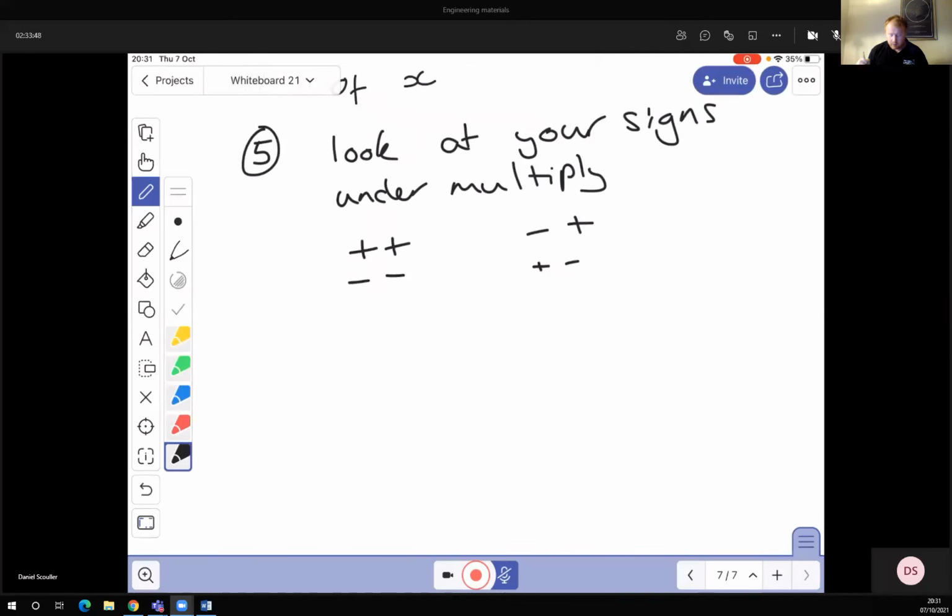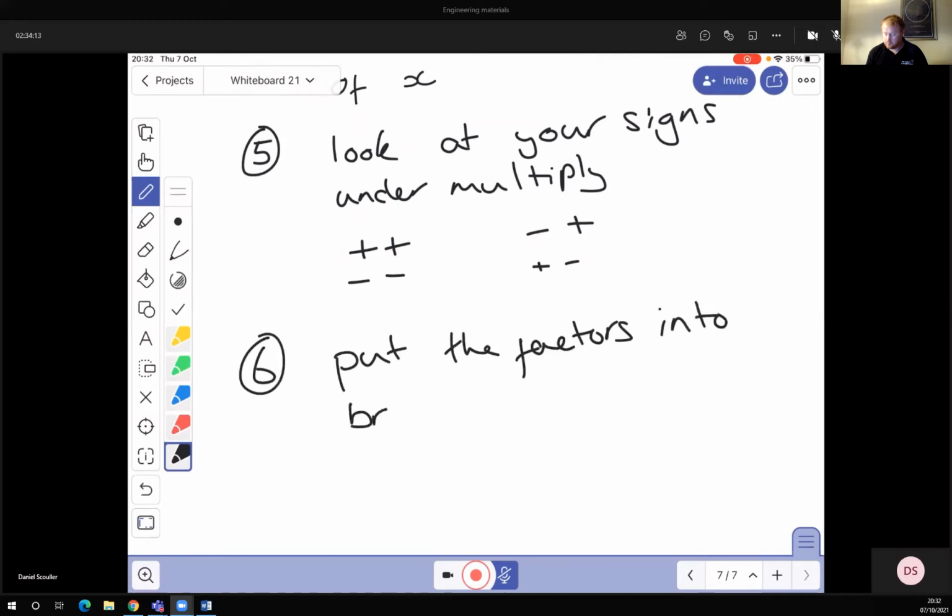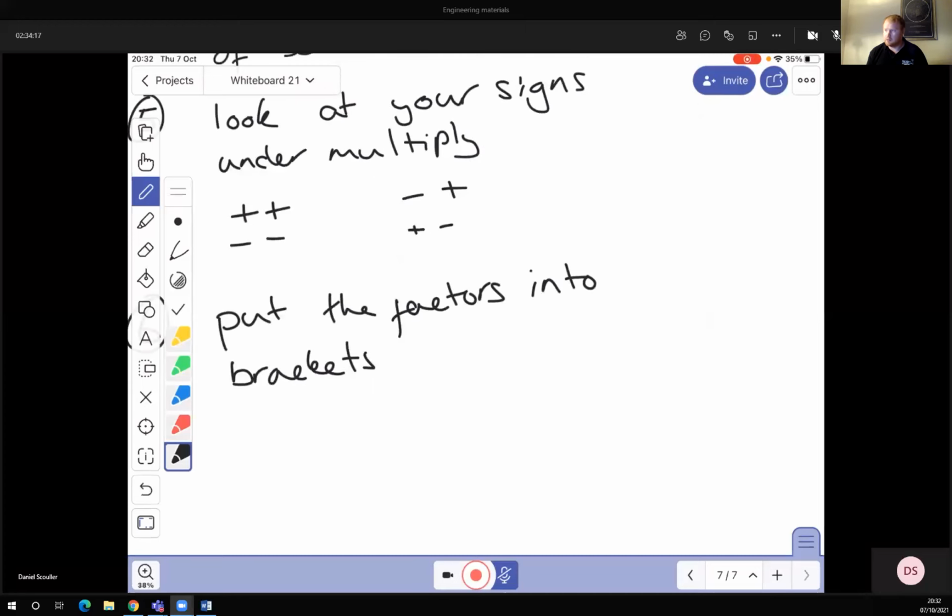Then we're putting the numbers into brackets. We're taking those two numbers that multiply together and putting them into brackets, and that's what we're just about to do. So put the factors into brackets. My C's are a bit curly, but you can tell.